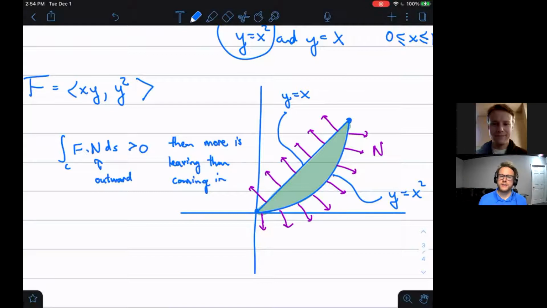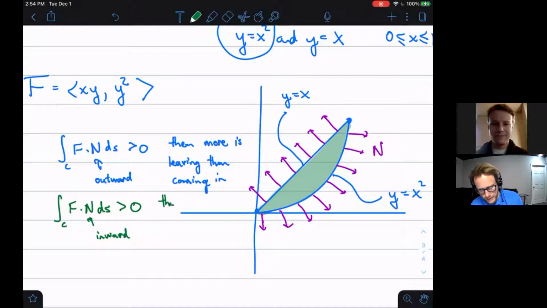On the other hand, if I had done something different, and I wanted to calculate out inward flux, let's suppose you calculate out inward flux. So this normal vector here is now chosen differently so that it's an inward pointing normal vector. Then in that case, if this was positive, then we would say more is coming in than what's leaving.